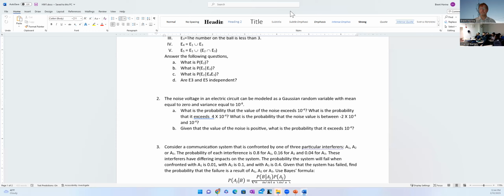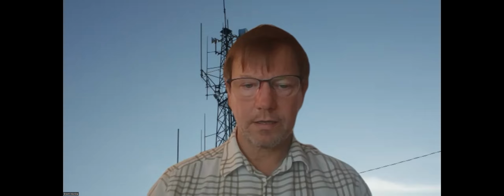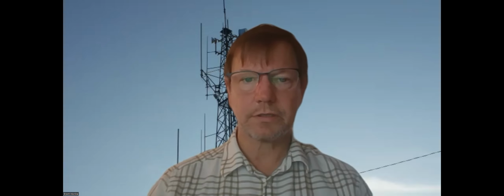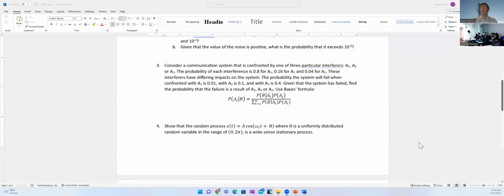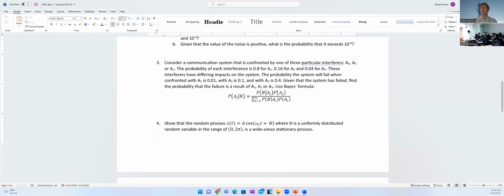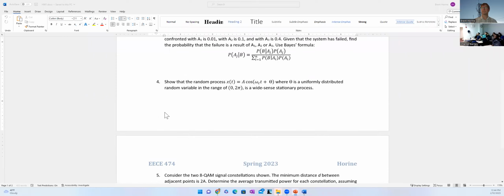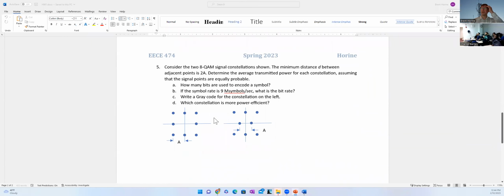Professor, can you scroll down to number 5? Number 5 on the homework. Yeah, go and share that again. Come on, where's my cursor? There it is. Okay, number 5. Do you want the distance to be 2a or a?